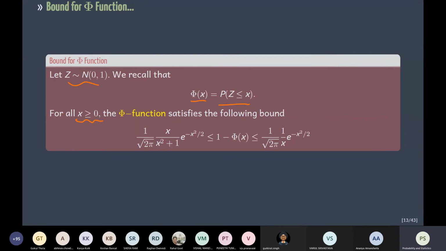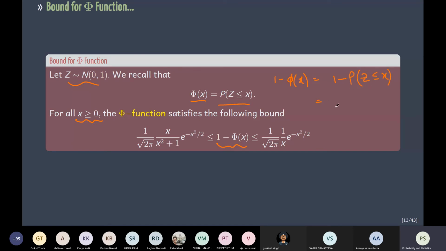So what are the things we are given? Given that this is a normal, and we are given that x is greater than or equal to 0, 1 minus phi of x we can immediately see, right? 1 minus phi of x will be the negation of this. So 1 minus phi of x will be 1 minus the probability that Z is less than or equal to x.